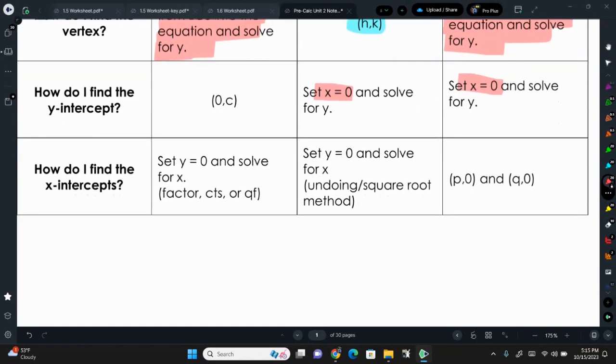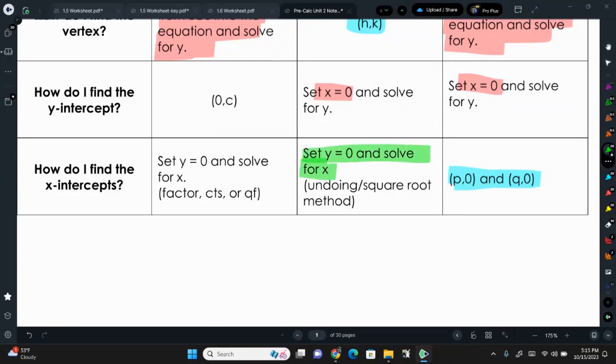And then how do you find the x-intercepts? This is probably more important than the y-intercept. For intercept form, finding the x-intercepts is easy. It's just the p and q values, so the opposite of what we see in our parentheses. For standard form, we set it equal to 0 and solve.